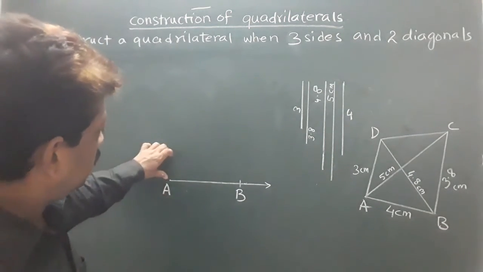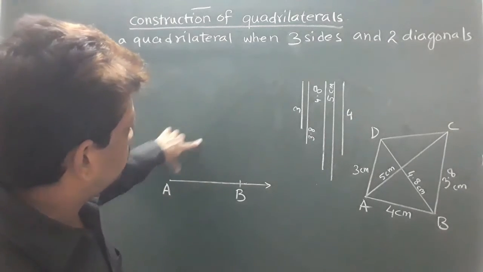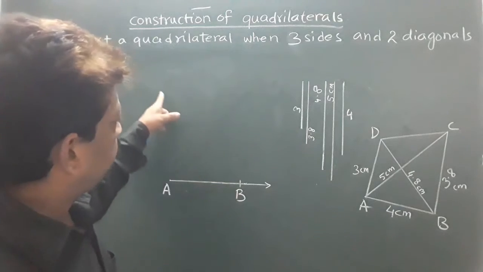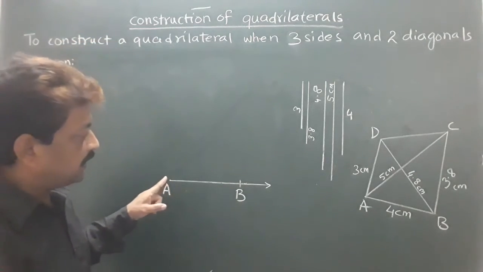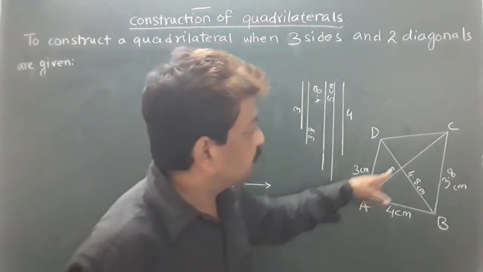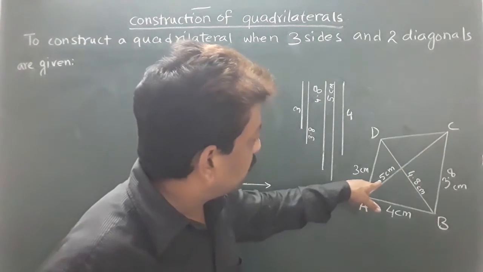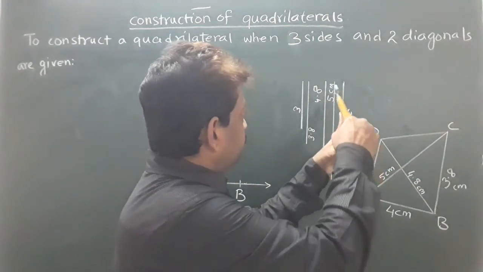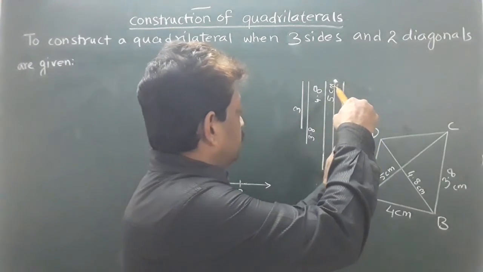Now from A I have to draw one diagonal AC and from B another diagonal BD. So from A the diagonal is AC whose length is 5 centimeter. So let me take 5 centimeter from here. This is 5 centimeter.